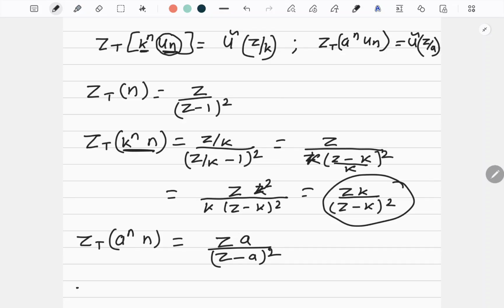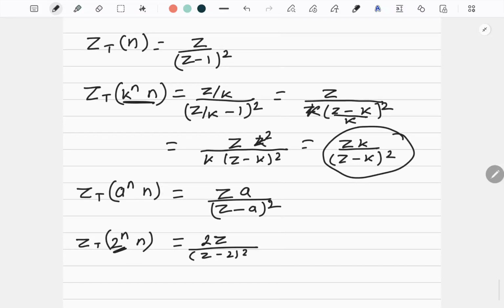Now if I ask you what is the Z transform of 2 to the power n into n. So what you will do, in place of this k, you will put 2. So z into 2 upon z minus 2 whole square. So whatever the value here, it is a constant to the power n. Whether you take it k, a, 2, or 3, it works in the same way.